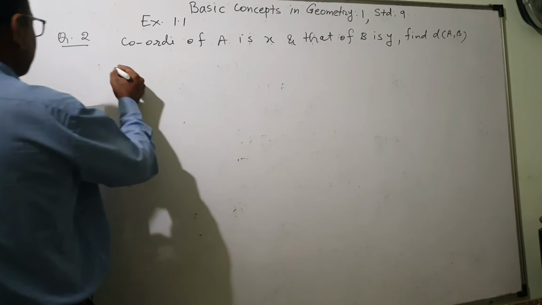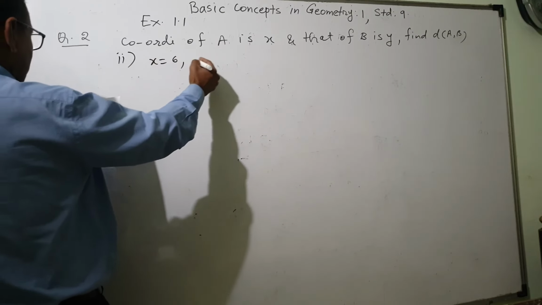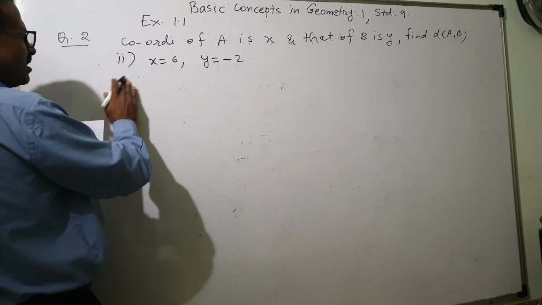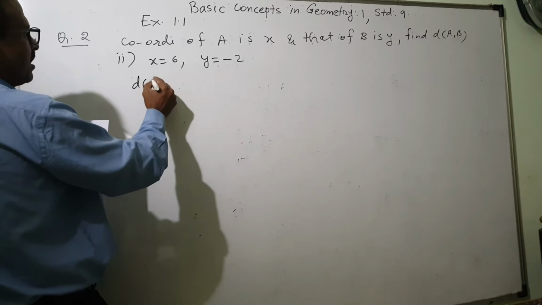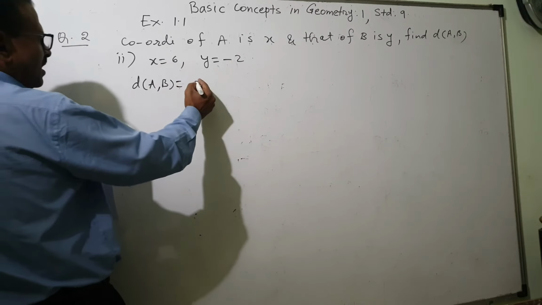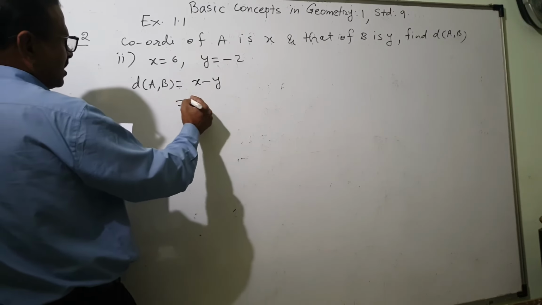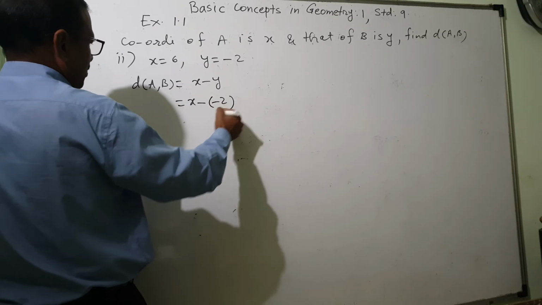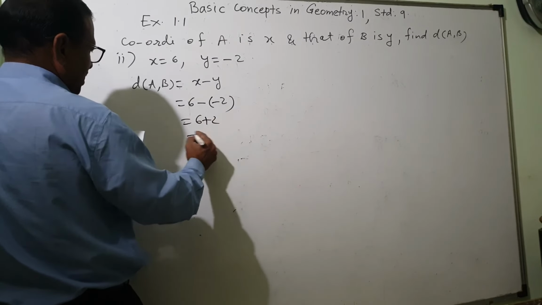In that the second one I have taken, x equal to 6, y equal to -2. In this, which is bigger? This 6 is bigger. Distance AB is equal to, which is bigger? 6 is bigger. So x minus y, bigger minus smaller. That is equal to x minus y, y is minus 2, and value of x is 6. So that is equal to 6 plus 2, and that is equal to 8.